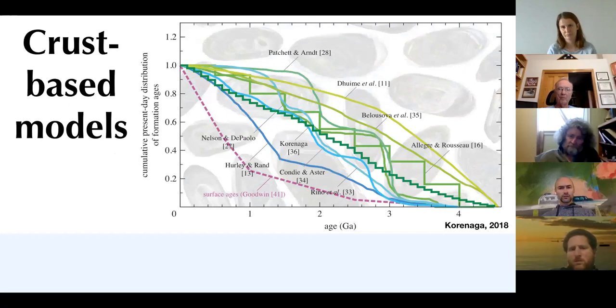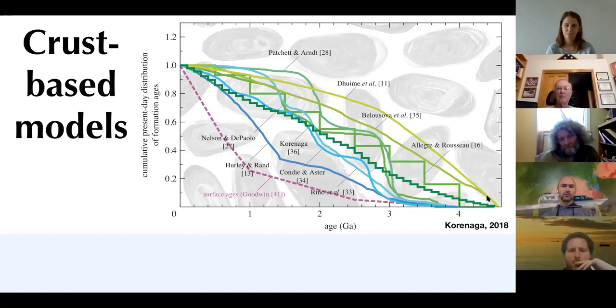And then we have crustal-based models, and these crustal growth models are generally constrained by isotopes of zircon, hafnium, and/or oxygen isotopes. And these models kind of fall into one of two categories. It's either the steady state models like Dweem, Belousova, and Coronaga, or episodic models like those of Patchett and Arndt and Nelson and DePaulo and Reno, etc. And so this comes down to kind of the heart of the question that we're trying to address.